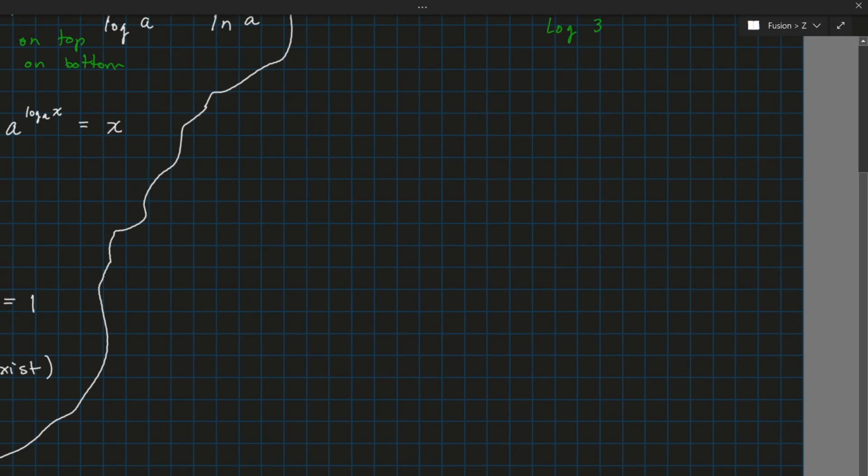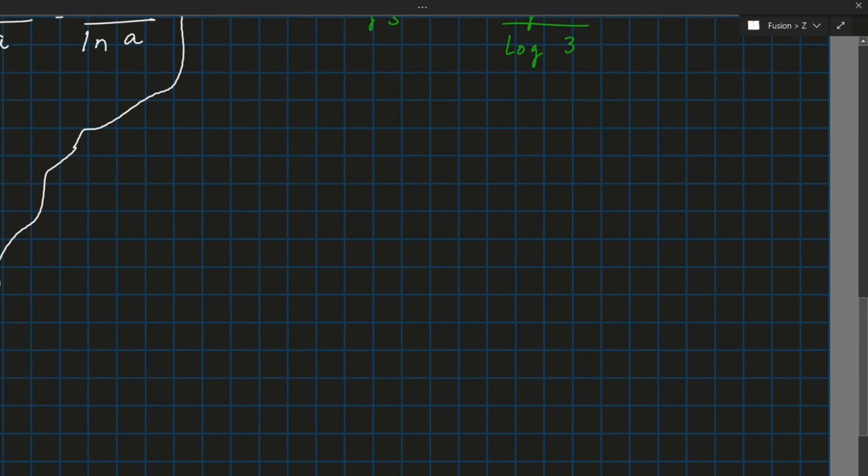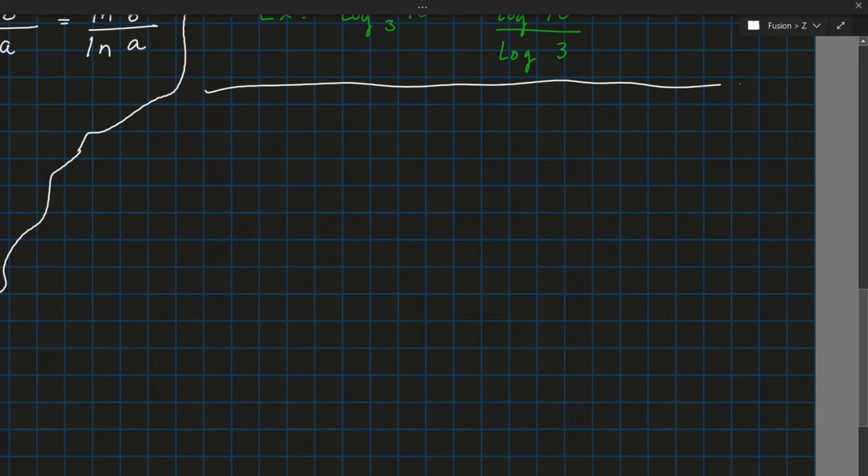But first, let's go back to converting some logs to exponential form and vice versa. Let's say we have 2^x = 10. What would this be in logarithmic form?